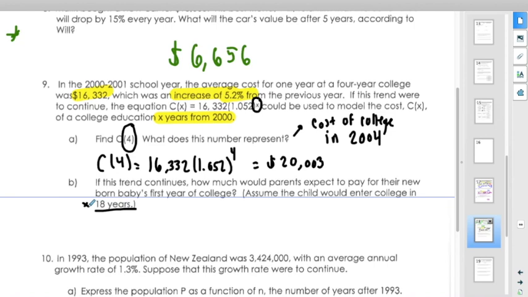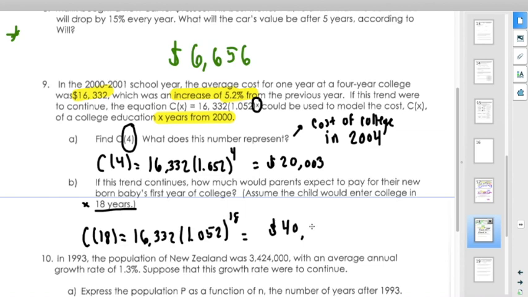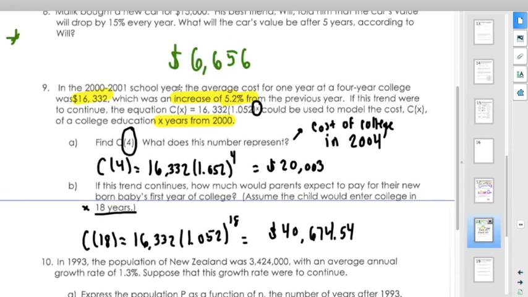So now we're evaluating c of 18. c of 18 equals 16,332 times 1.052 raised to the 18th. And this would equal about $40,674.54. Okay, you guys can finish number 10, and that's the end of this video.